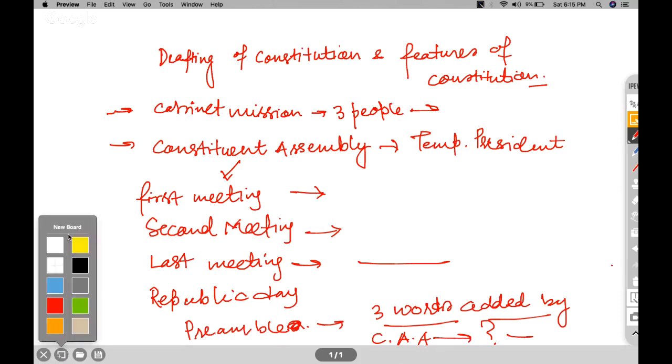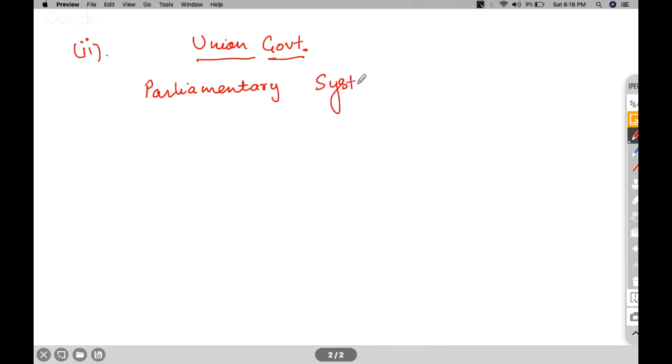Now let me move to the second chapter, where we have to study about union government. To study union government, first we need to know what the different houses are. We already know that we have a parliamentary system, and in the parliamentary system we have a bicameral legislature.